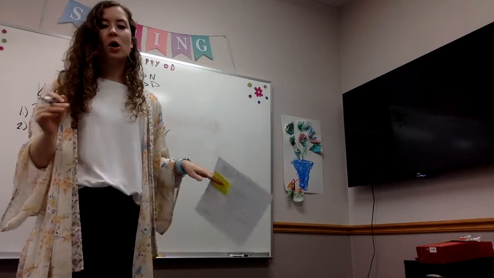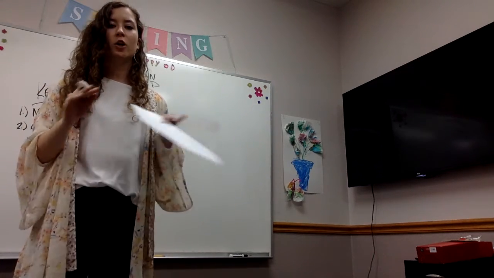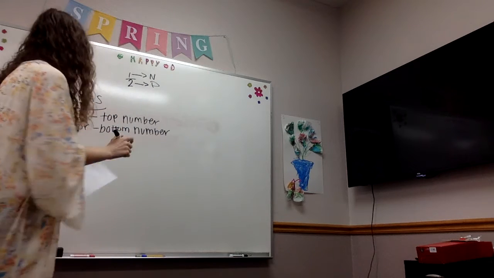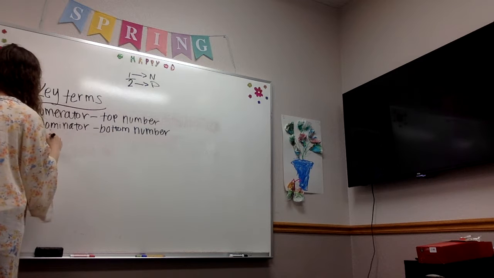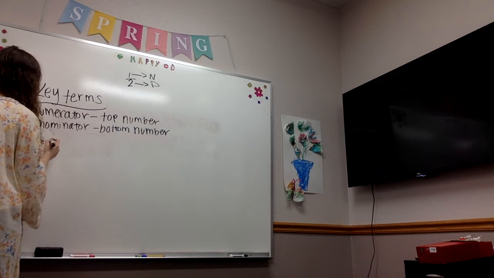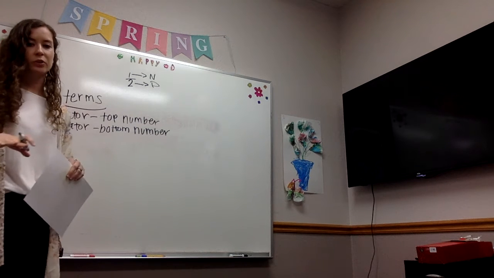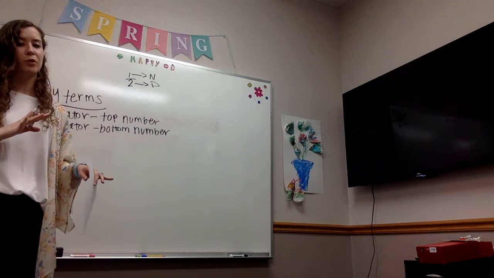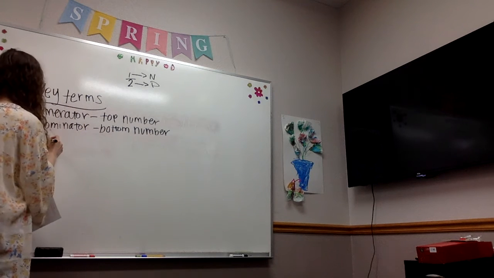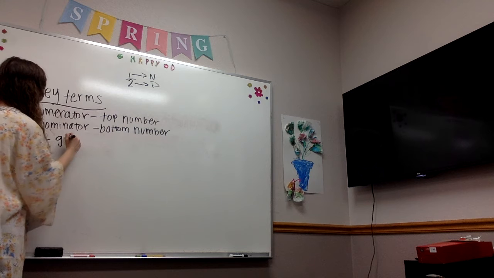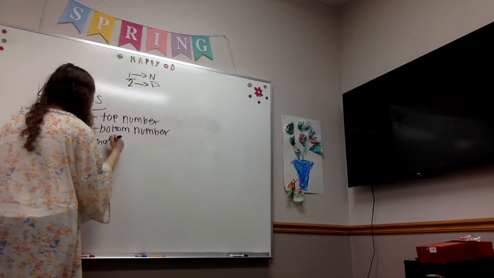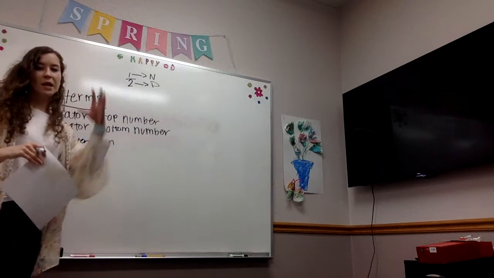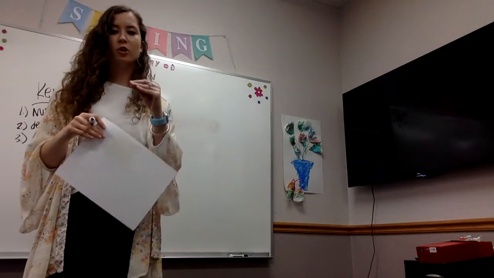Alright, what about, did you see any greater than or less than signs? This may not pertain particularly to today, but it's going to come up with our fractions in our lessons, okay? So this way would be greater than. If it's looking like it's eating a number, then it's greater than.